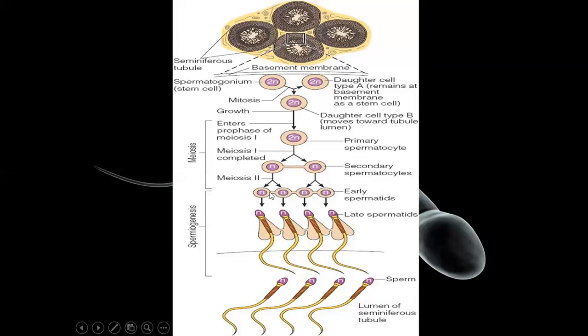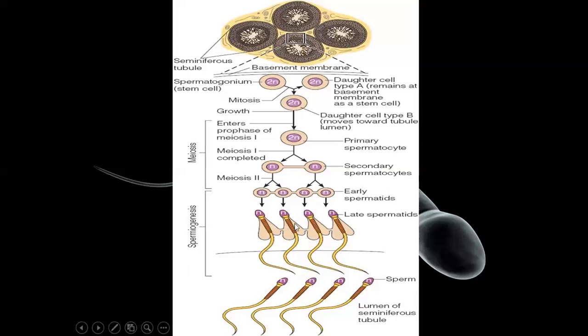It just maintains the haploid number of chromosomes. But each secondary spermatocyte will undergo cell division, giving rise to a total of four spermatids.